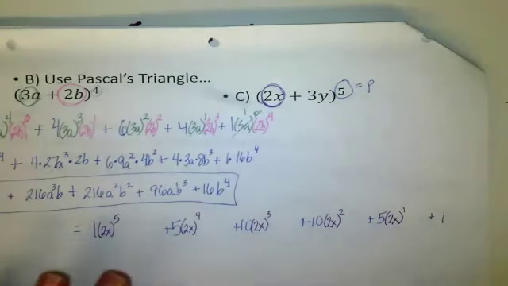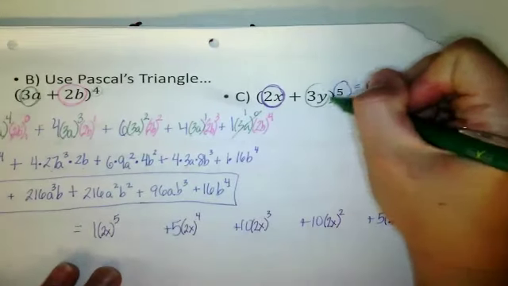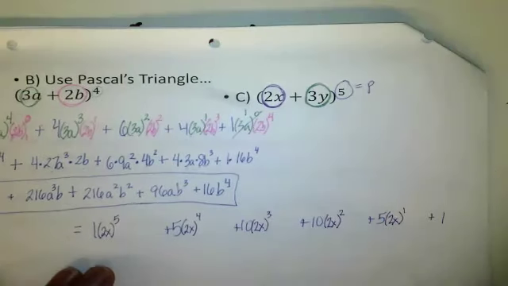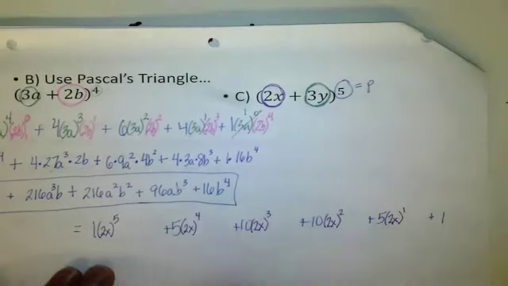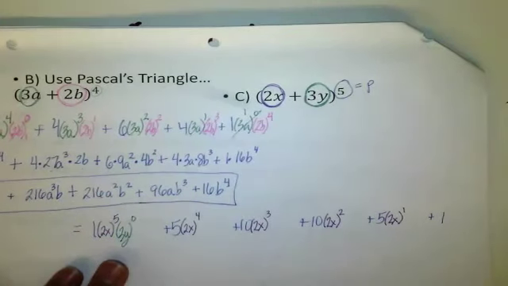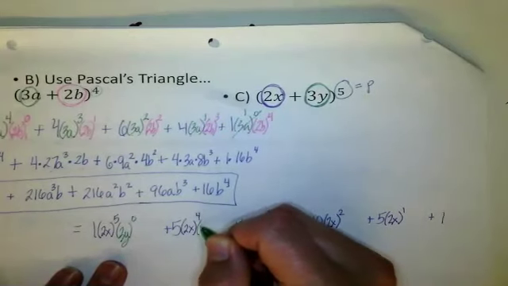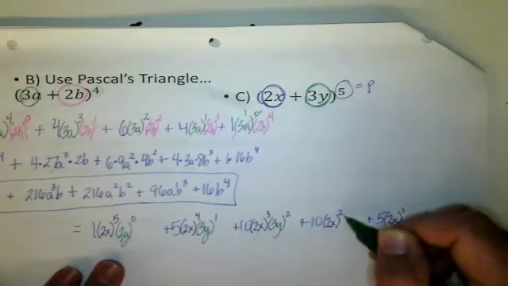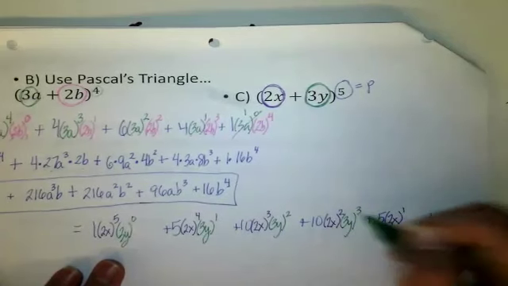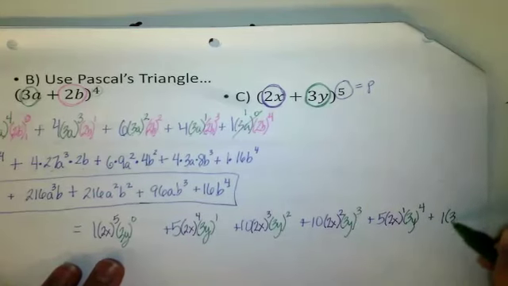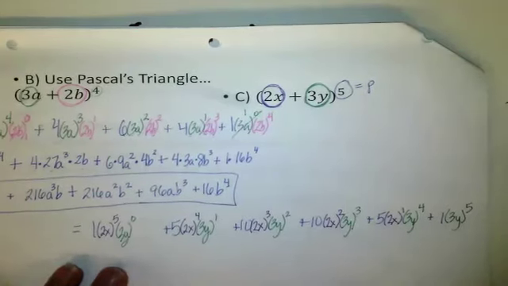And then I'm going to take my last term in my binomial, and what am I going to do with those powers? Count them up, starting at 0. So 3y to a power of 0. Do I have to write that one? No, you could leave it off. 3y to the first, and then 3y to the second, and 3y cubed, 3y to the fourth, and last 3y quantity to the fifth.